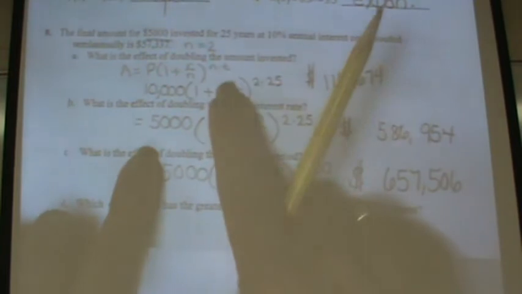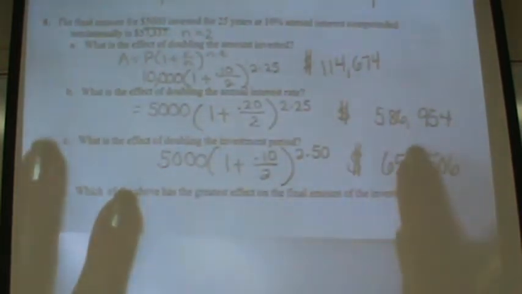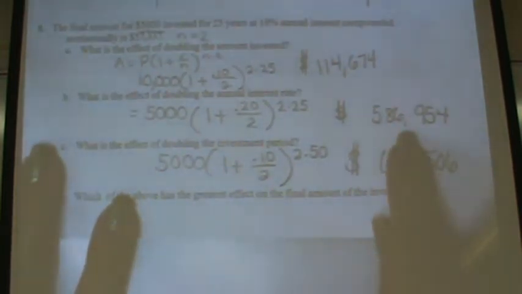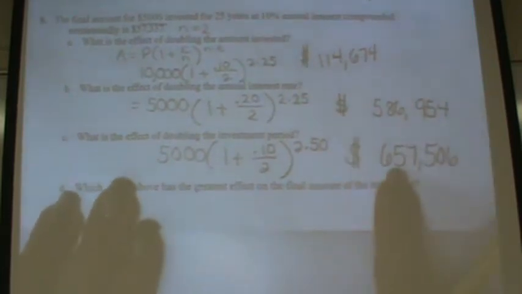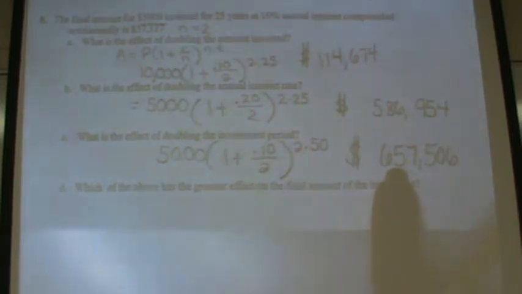Well, if we double our money, you end up with $114,000. If we double our interest rate, so 10 to 20%, we end up with $586,000. And if we double our time, we end up with $657,000. So which has the biggest effect?